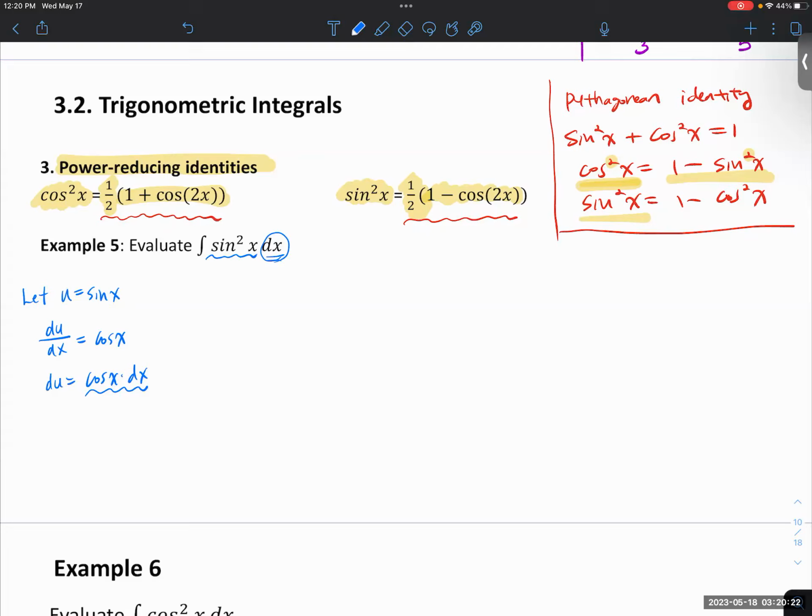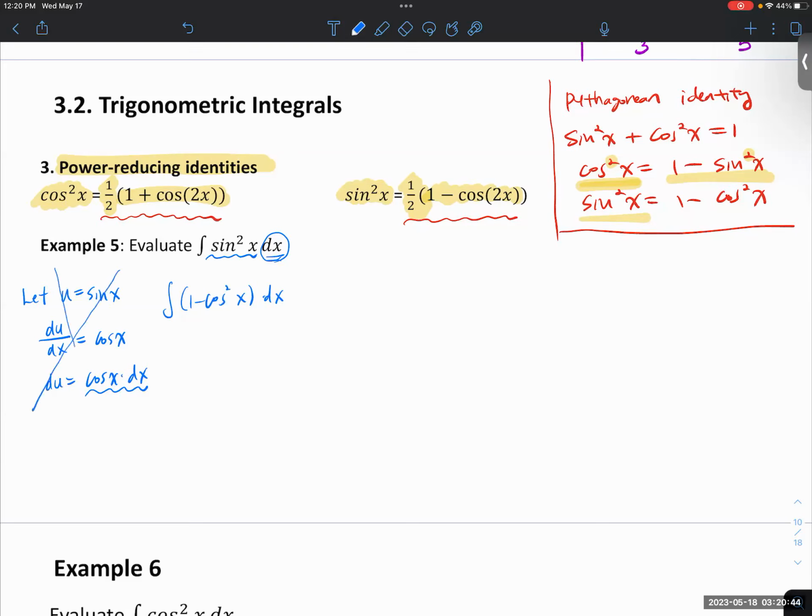Or you might be thinking, Professor Ben, maybe I can change sine squared x into 1 minus cosine squared x and take the integral. Okay, let's try. I'm trying to show you many different ways.